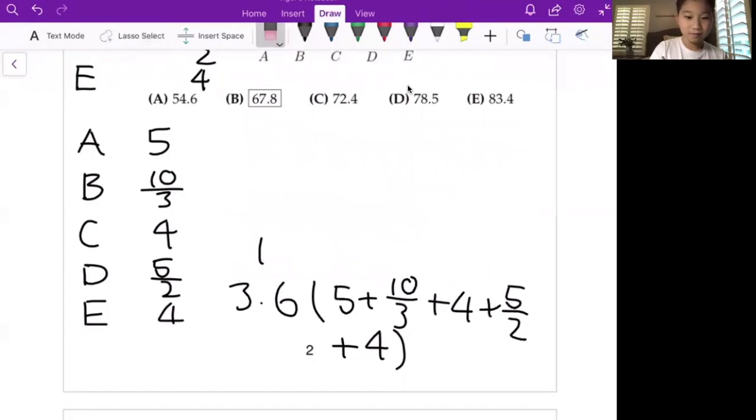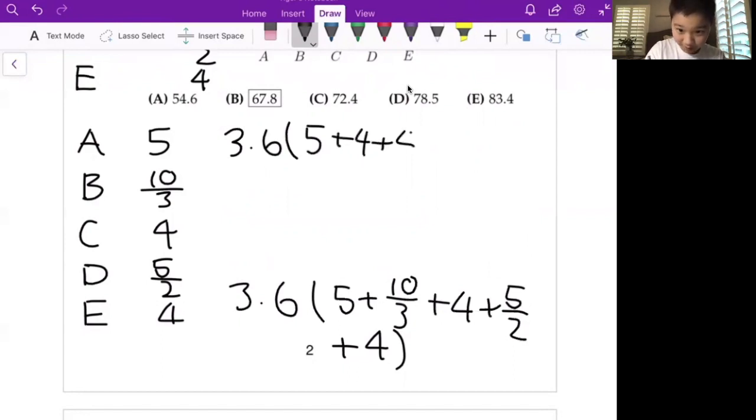And now, let's do the calculation. 3.6 times 5 plus 4 plus 4 plus 10 over 3 plus 5 over 2. So 5 plus 4 plus 4 is 5 plus 4, 9 plus 4, 13.